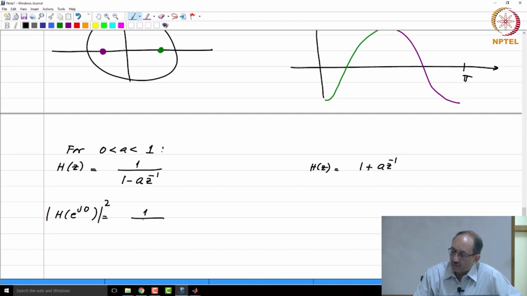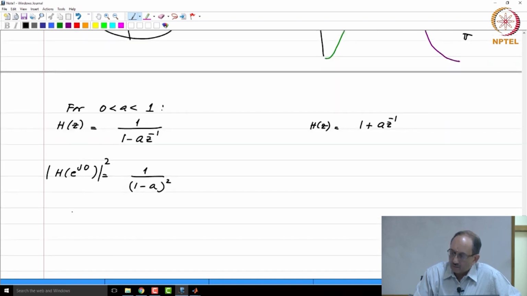So, this will be 1 by 1 minus a whole squared, omega equal to 0 corresponds to z equal to 1, and if a equal to 0.9, then the maximum gain is 100 and this is 20 dB.